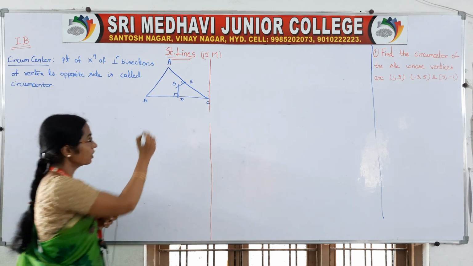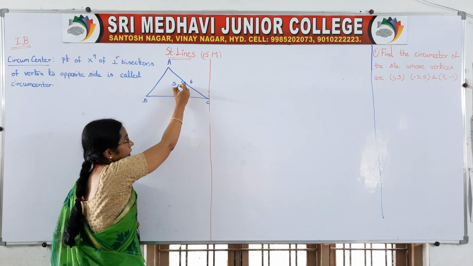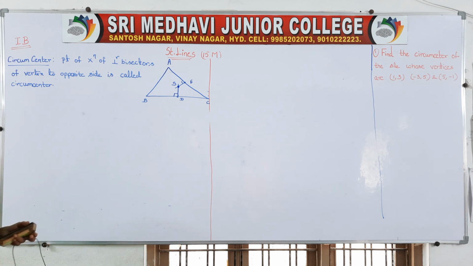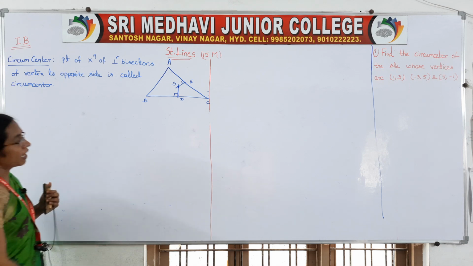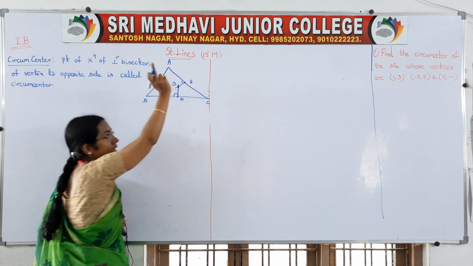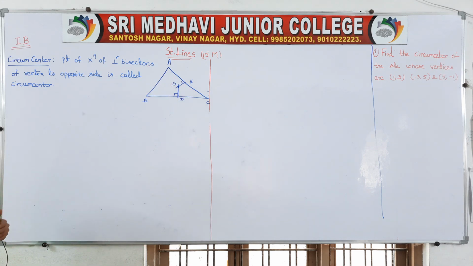So the point of intersection of the perpendicular bisectors is called the circumcenter. So what is the concept? We have to find two perpendicular bisectors, find the SD line equation and the SE line equation. Their point of intersection is your circumcenter.